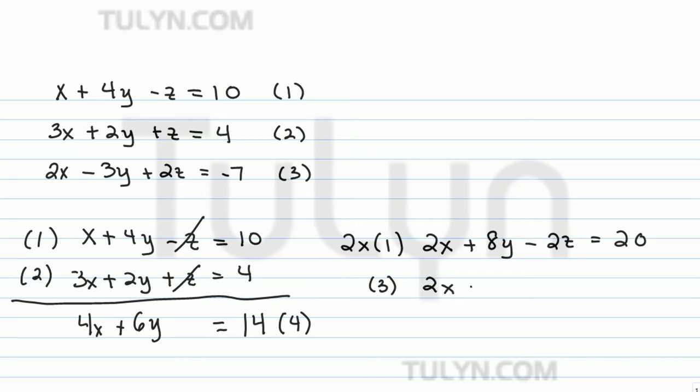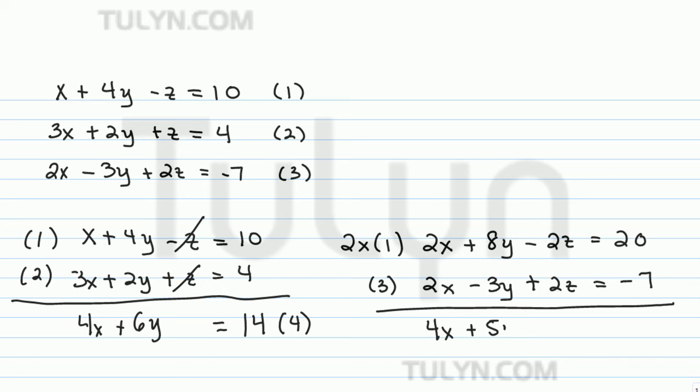So we got 2x minus 3y plus 2z is equal to minus 7. So now when we add them together, we get 4x plus 5y, and then the z's cancel out, which is exactly what we wanted. And this is all equal to 20 minus 7, which is 13. So now let's call this equation 5.